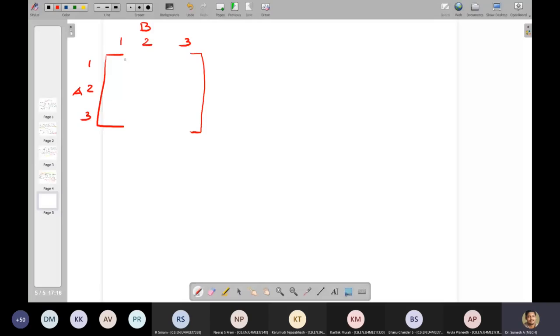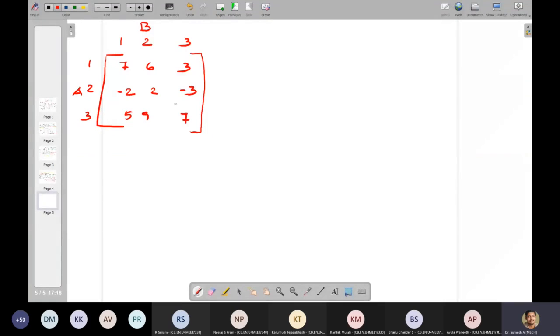The values are 7, 6 and 3 in the first row, -2, 2 and -3 in the second row, and 5, 9 and 7 in the third row. So tell me how to proceed.